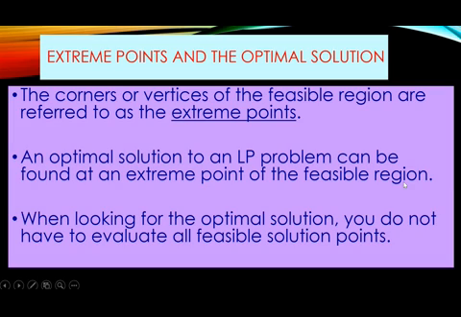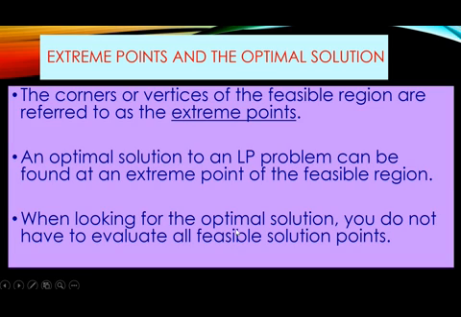This is one basic assumption that we go with in the graphical method: whenever you get a feasible region, we need not check all the points within the feasible region. If you check only the extreme points of the feasible region, then the optimal solution will lie on any one of the extreme points, right?